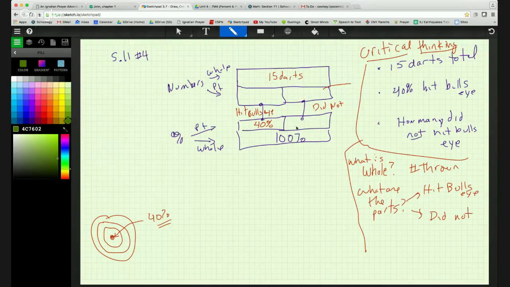Or we could find this piece here, and then do a percent equals part over whole problem. Well, let's do it by figuring out this piece right here. If 40% hit the bullseye, then the total has to be 100%, so this has to be 60%.